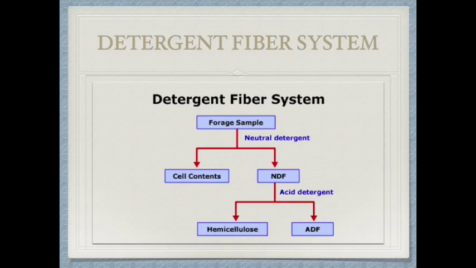Then if we were to take that remaining NDF fraction and run it through an acidic detergent, think of, again, your laundry but with a really low pH, we're going to be able to wash out that hemicellulose, leaving us with the cellulose and lignin, and providing a way to estimate that really lowly digestible portion of a forage.